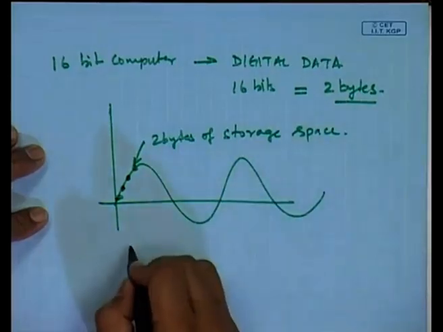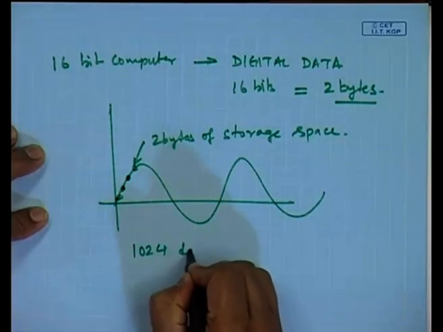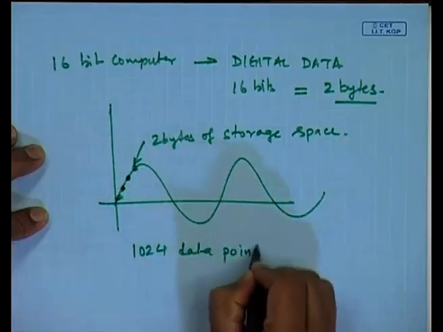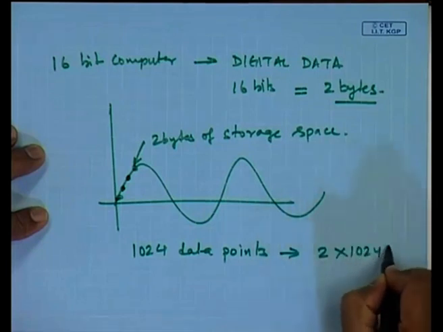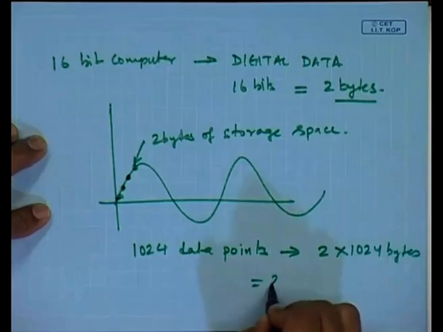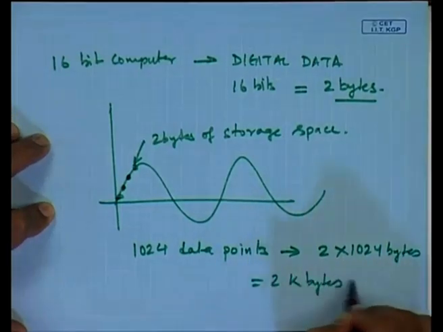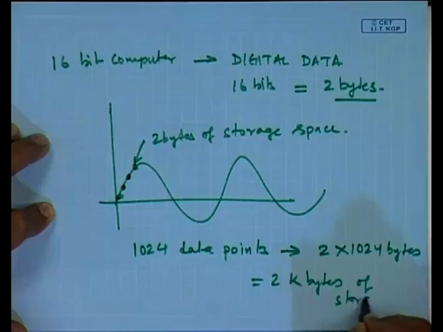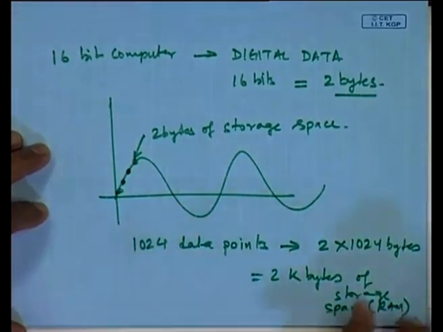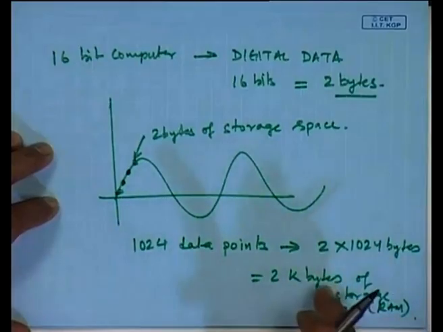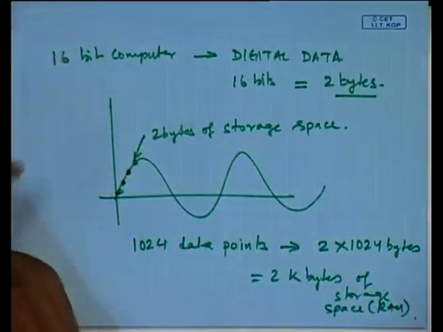Now, if I say I require 1024 data points, so it will require 2 into 1024 bytes, so that is 2 kilobytes of storage space or RAM. Okay. So, once these 2 kilobytes of space are used up, if you are still going to do more A to D conversion, either it will overwrite or it will abort some process.